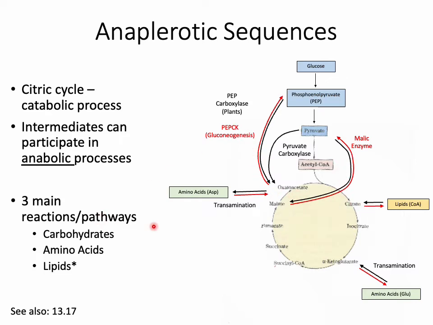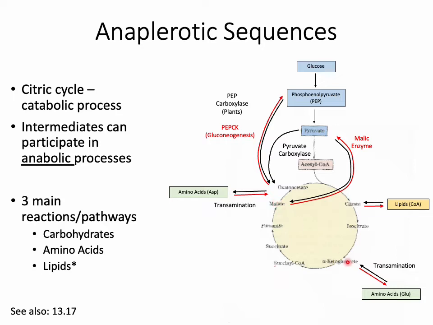Looking at these three reactions, we can start seeing how the anaplerotic sequences can be used to balance the citric acid cycle. For example, we can imagine a hypothetical scenario where you have a plant cell that's undergoing rapid growth. As part of this rapid growth, you have the synthesis of many carbohydrates. This results in the depletion of oxaloacetate and malate, and these compounds are being converted into PEP or pyruvate via these pathways over here.